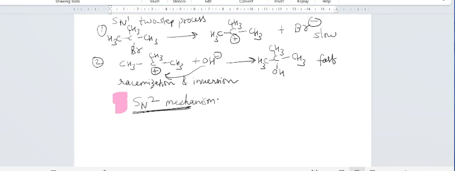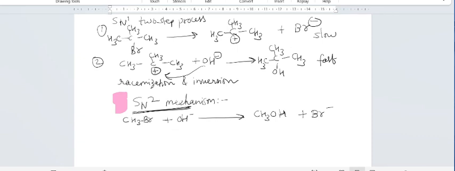In this mechanism, we are taking the example of methyl bromide, on which the attack of nucleophilic agent, that is nucleophile OH minus, is taking place, and methanol is formed with bromine getting removed from here.